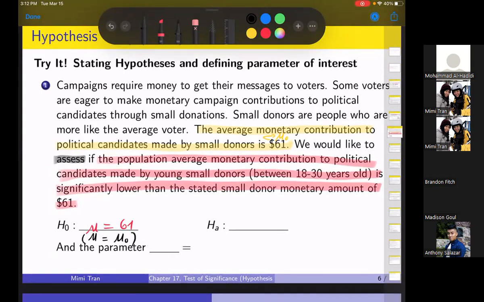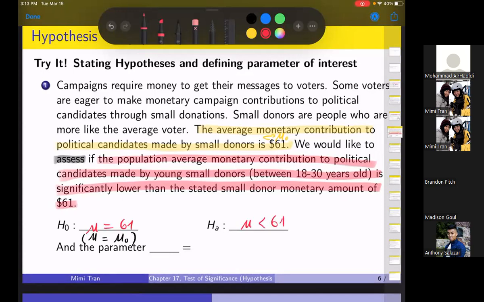Then HA is, well, I want to know if the true mean average of the contribution is significantly lower than the small donor amount, right? So I hear lower, mean less than $61.